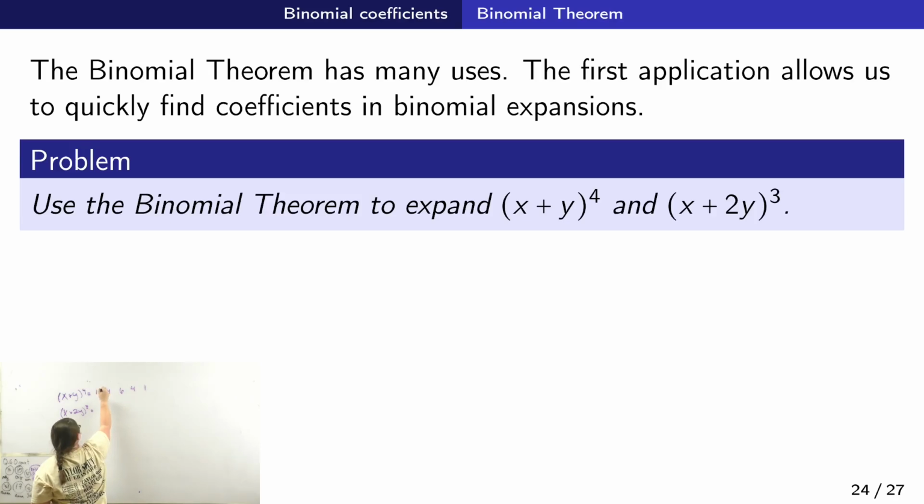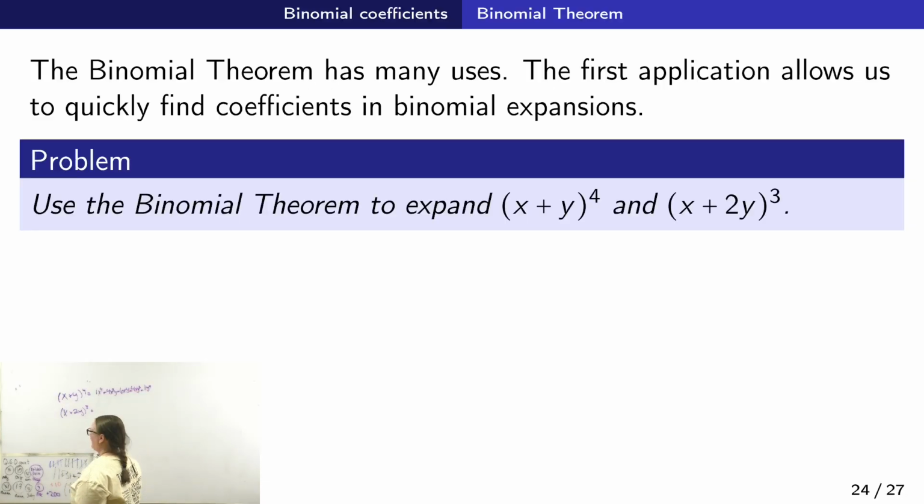What goes here? X. Okay, what goes here? Y. What goes here? X squared, Y squared. What goes here? X, Y cubed. Nice job. Plus sign. Okay, there and there and there and there.